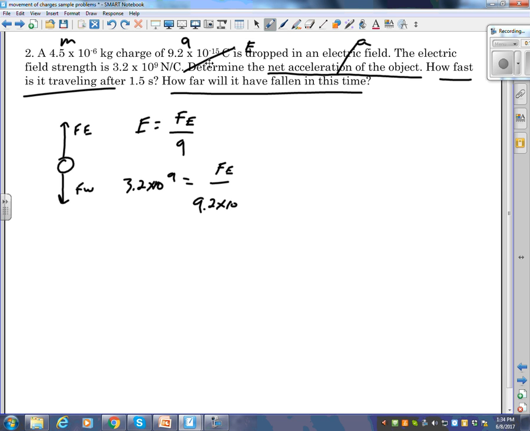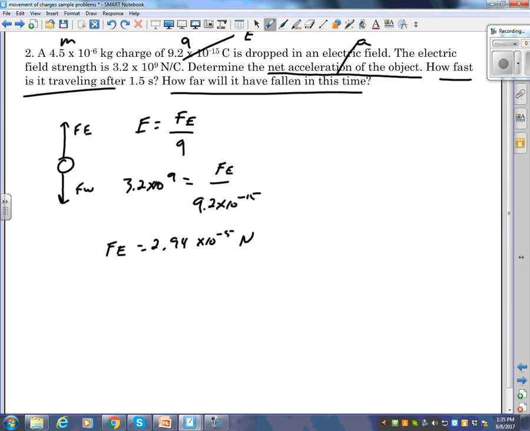Yeah. You're going to multiply. You have to be able to solve that without thinking now. You have to know what to do there. There should be no questions about that. 2.94 times 10 to the minus 5. Okay, so we've just done the electric field force.